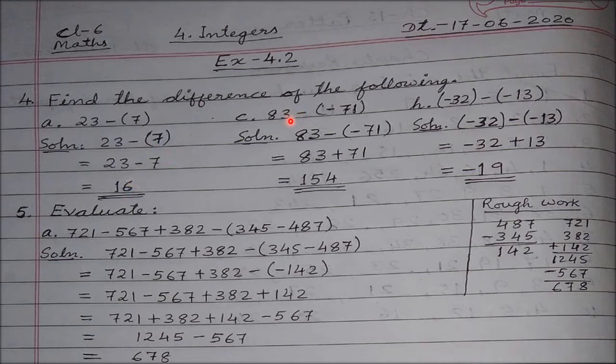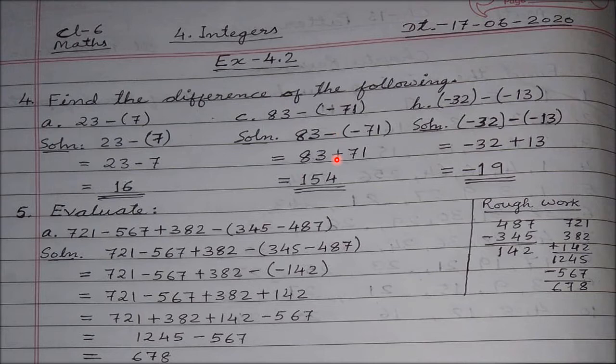Next, 83 minus (minus 71). When one minus sign is outside the bracket and there is a minus sign inside the bracket, then when you open the bracket, minus into minus becomes plus. Same thing has happened here.